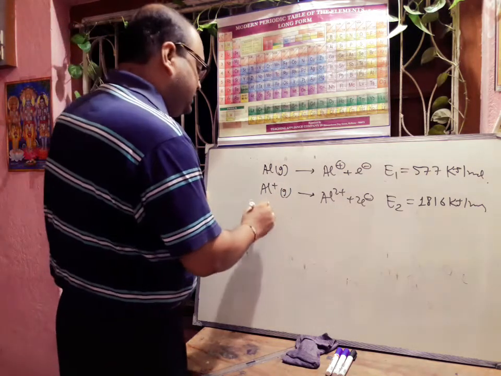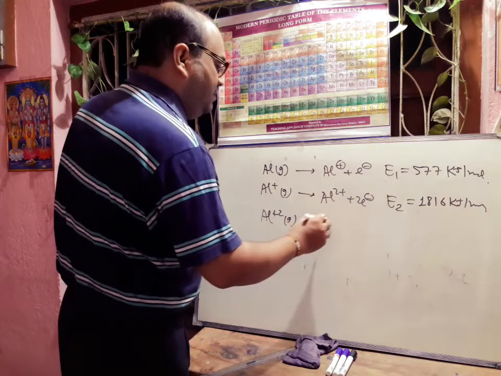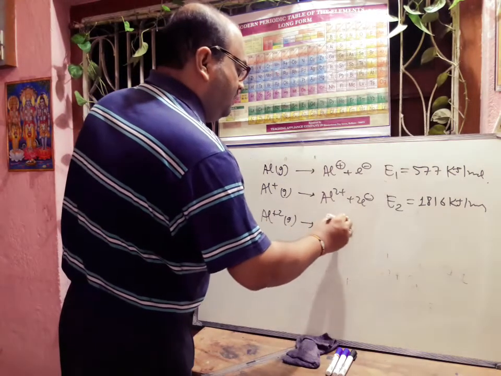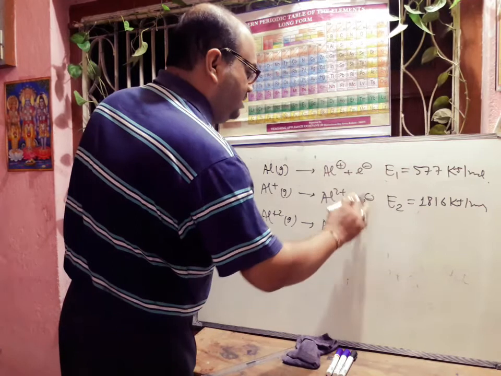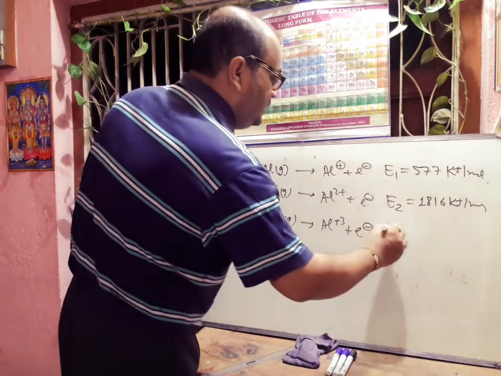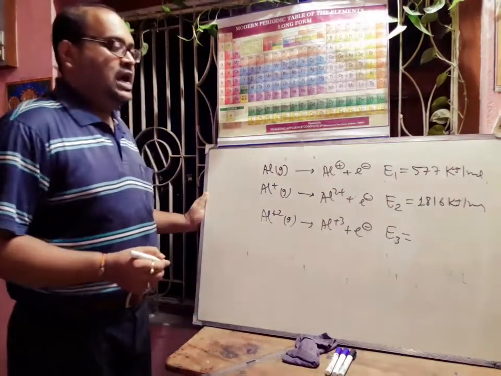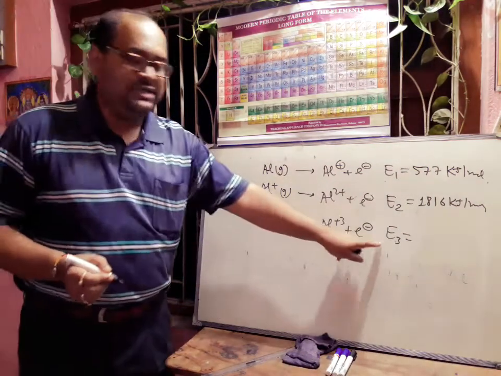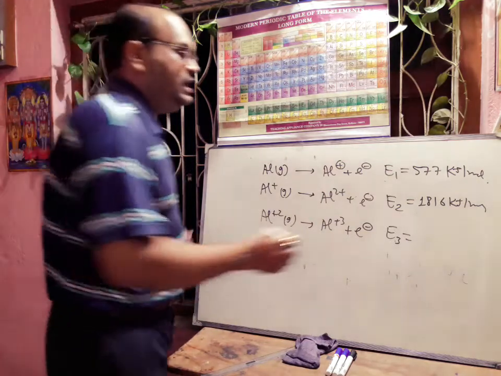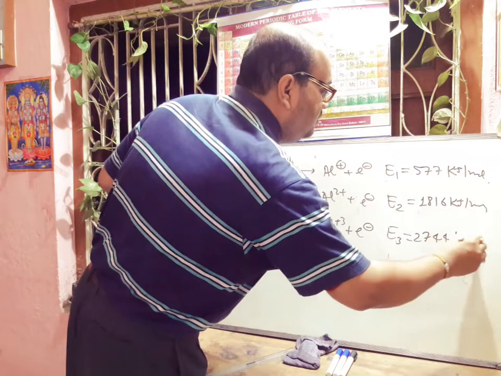So there is a chance to remove one more electron from this Al2+, and it will form Al3+. You know that Al3+ is stable. This is called the third ionization energy, and its value will be the highest, around 2744 kilojoule per mole.